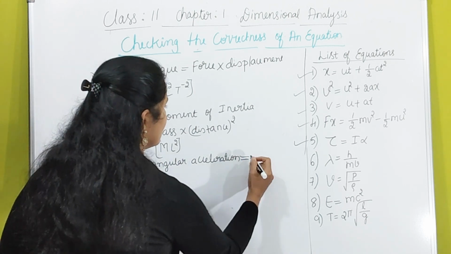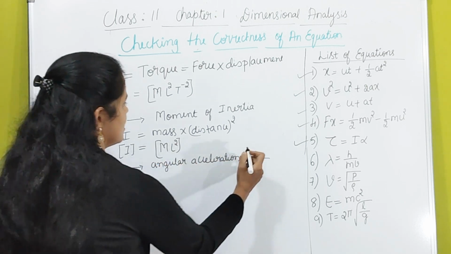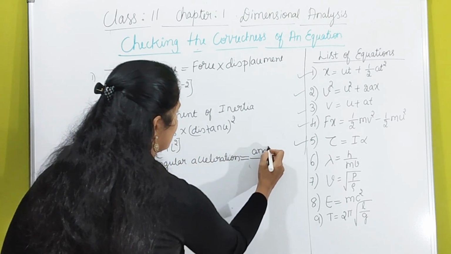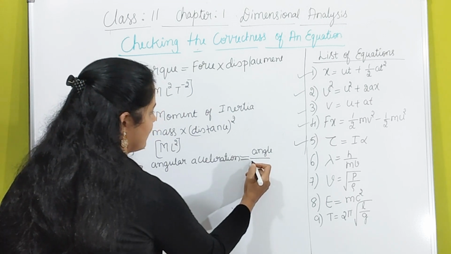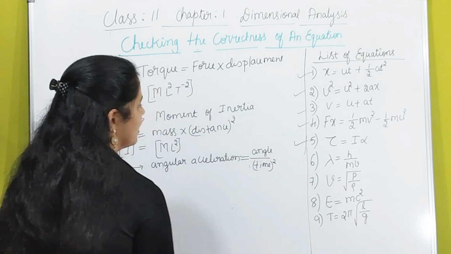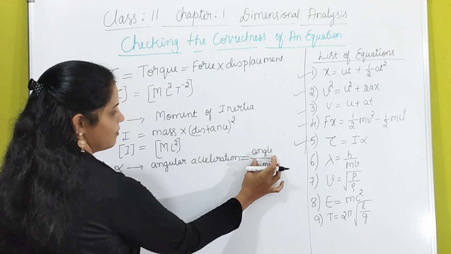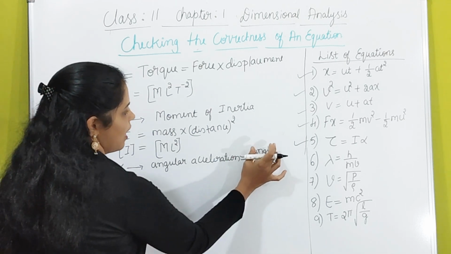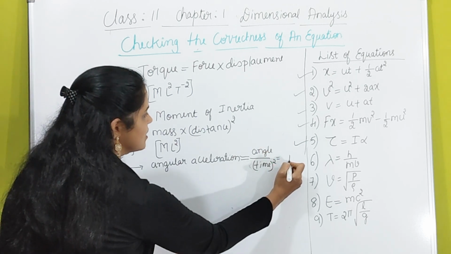Here it is angular acceleration. Angular acceleration is angular displacement divided by time square. Angular displacement is nothing but an angle. Angle has no dimension, so therefore only time square, that is t to the power minus 2.